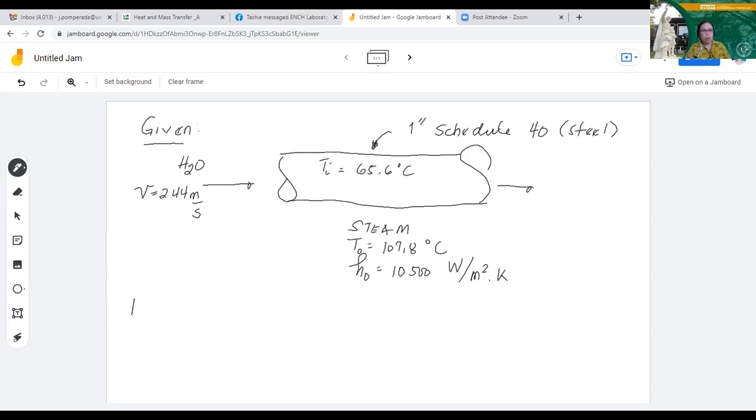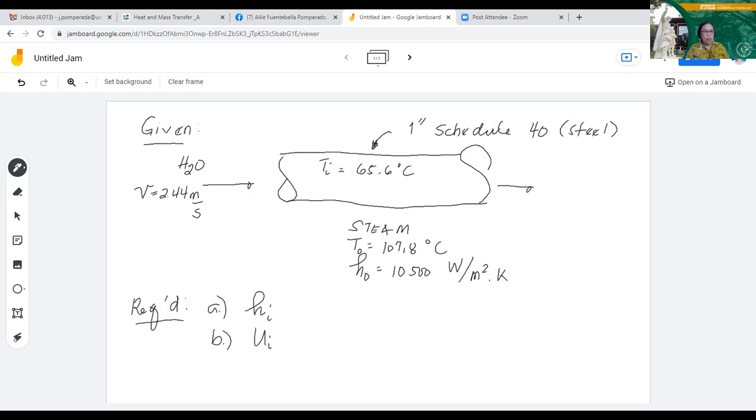Later, we will go back should we have missed information from the problem that is vital in finding the unknowns. The first thing required is h_i, the heat transfer coefficient on the inside part of the pipe based on the water that is flowing. Letter B, the overall heat transfer coefficient, U_i.